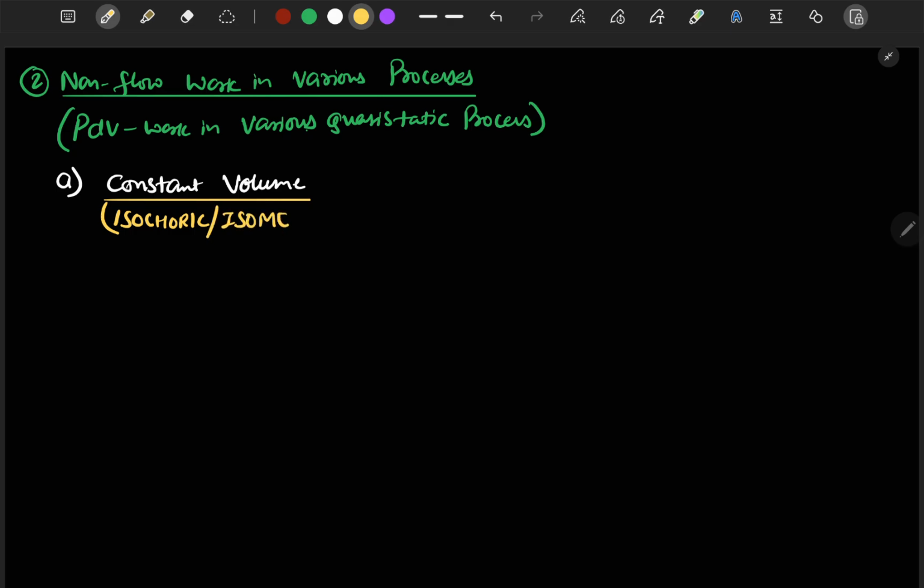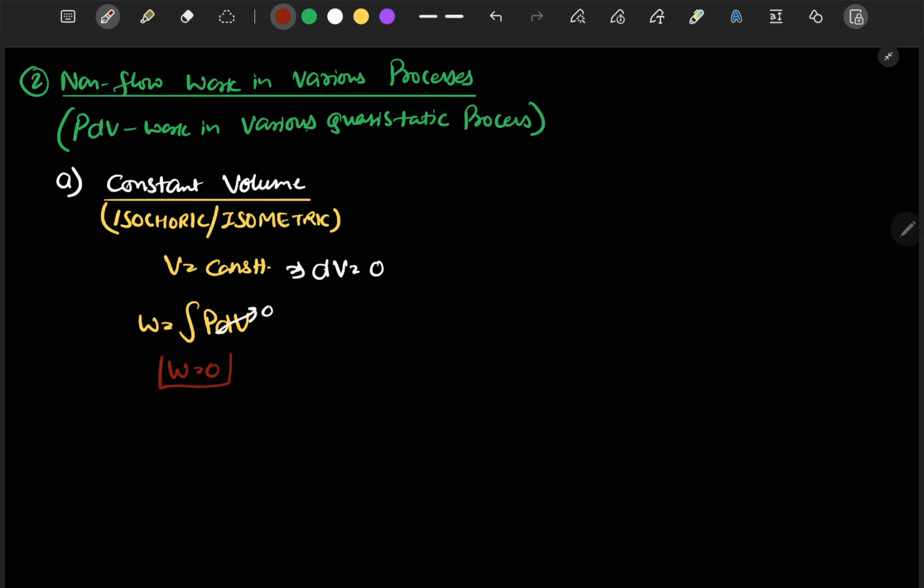Since in a constant volume process V is equal to constant, work done is represented by the integration of PdV. Since V is constant, dV is equal to 0, because the differentiation of a constant value is 0. So work done will be 0. So in the case of a constant volume process, the work done is equal to 0.